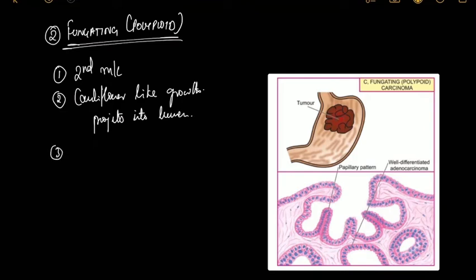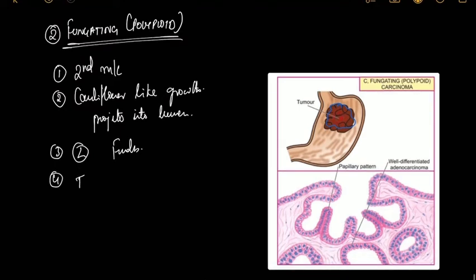Yes, and thirdly, the location of this tumor is usually in your fundus. All right, as you can see here, the tumor is in your fundus. Yeah, now the fourth point is that this tumor usually undergoes necrosis, leading to infections.